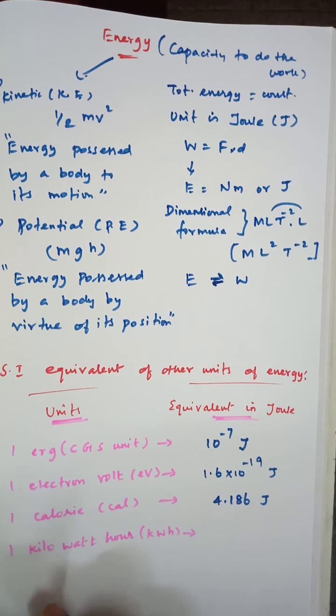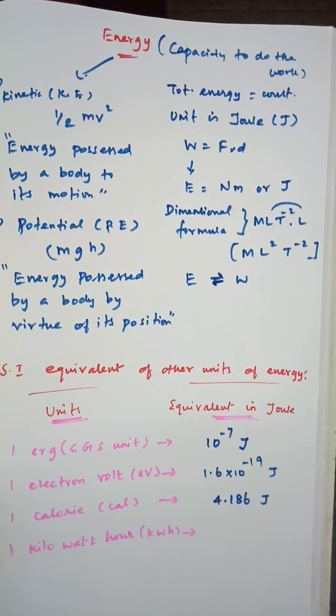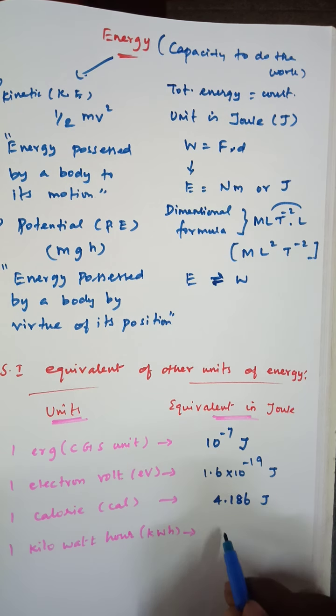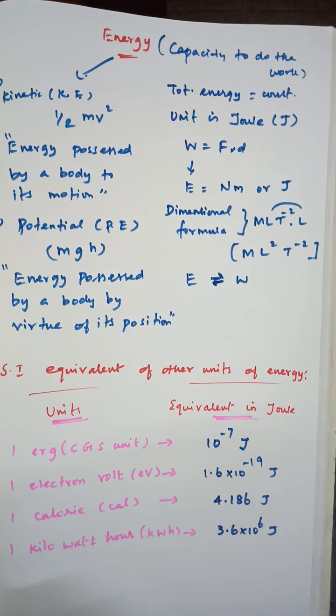This is the energy consumed by using electricity. We are getting electric power, which is consumed for our use. That energy is called kilowatt hour, equal to 3.6 into 10 power 6 joule. See, all are units of energy that convert to joules, but are used in different fields. Clear?